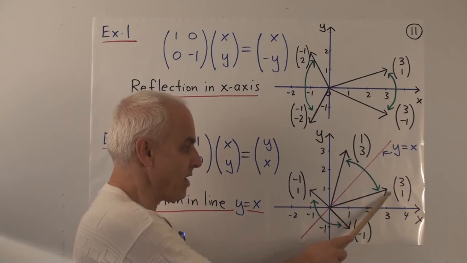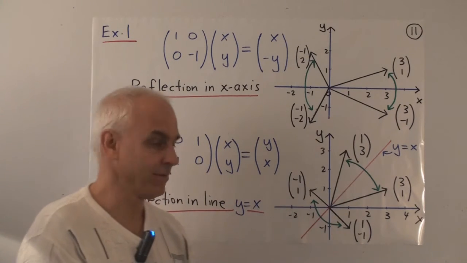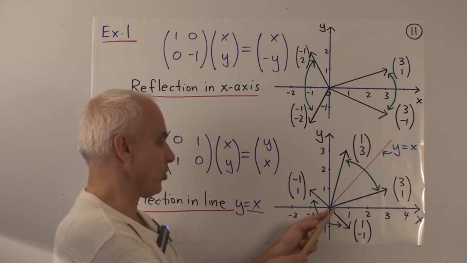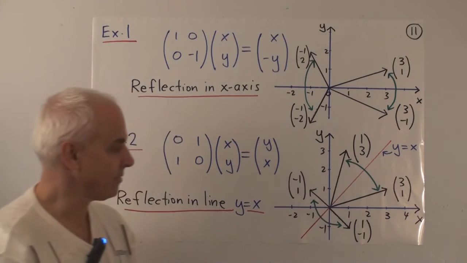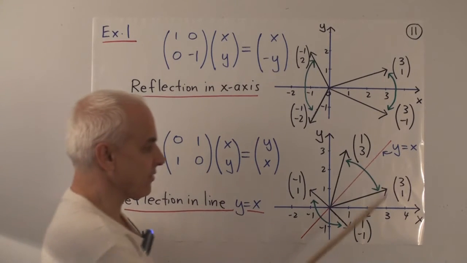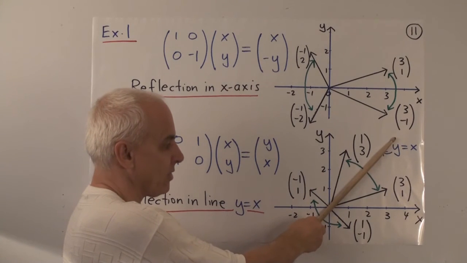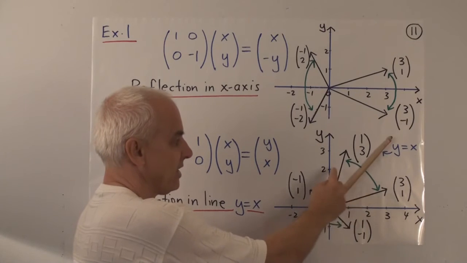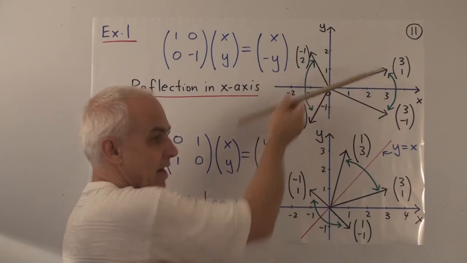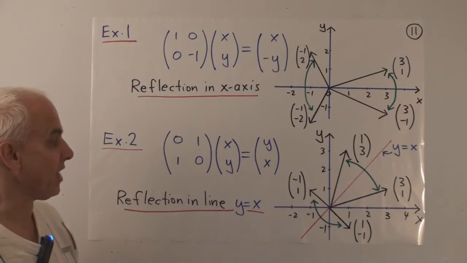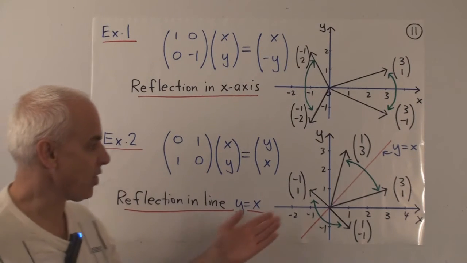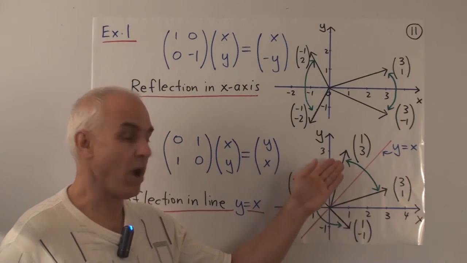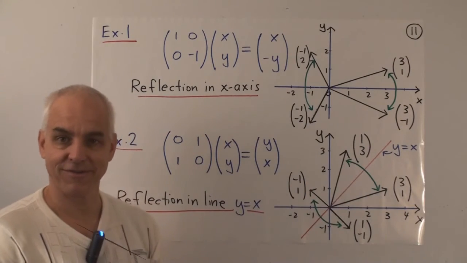Well, the vector (3, 1) gets sent to the vector (1, 3). The vector (-1, 1) gets sent to the vector (1, -1). This is a reflection in the line y equals x, in the same way that the previous one was a reflection in the line y equals 0, or the x-axis. So this one also has the property that if you do it twice, you get back to where you started.